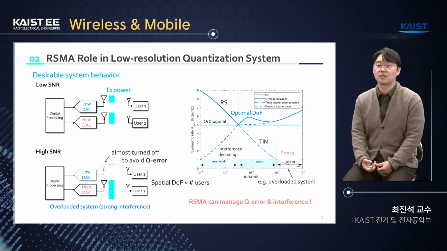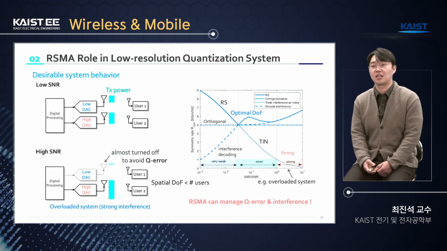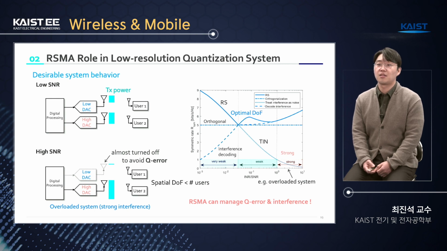So the transmitter does not want to use such antennas. It only puts most of the energy and power to the antennas with the high resolution DAC. Therefore, in this case, we may turn off some antennas when transmitting the signals.